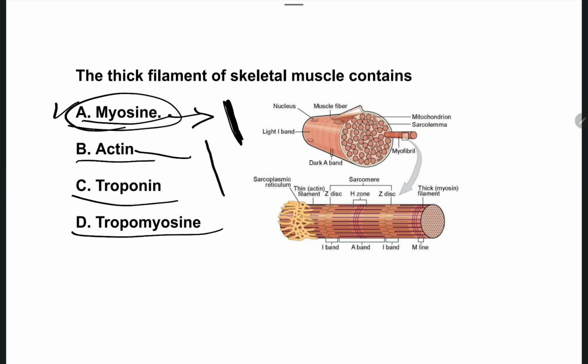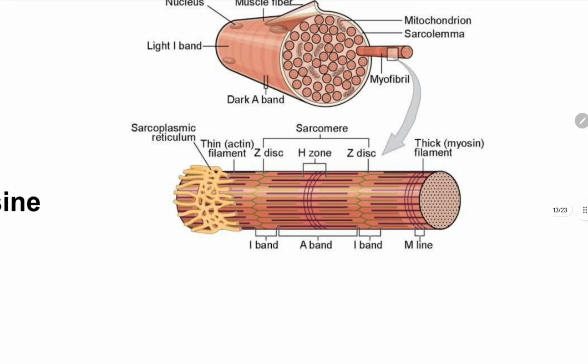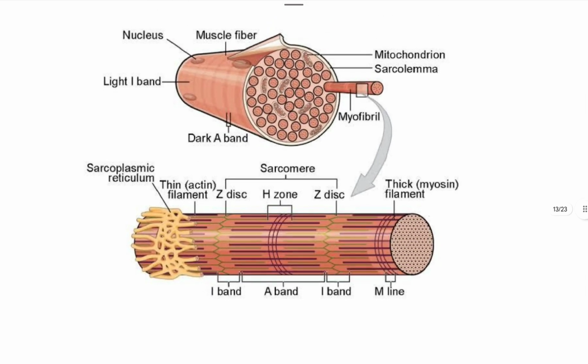So in the picture you can see, this is a cell of the skeletal muscle. So here we have the sarcoplasmic reticulum, okay, covering layer of the cell, and we have the myosin filament over here, okay, and in between we have a kind of design. So this has the thin filament, that is actin filament.